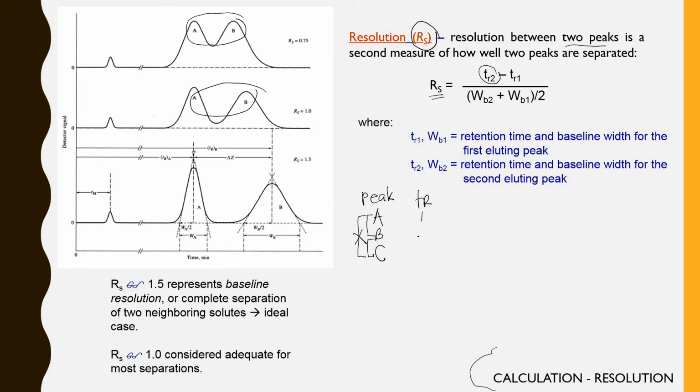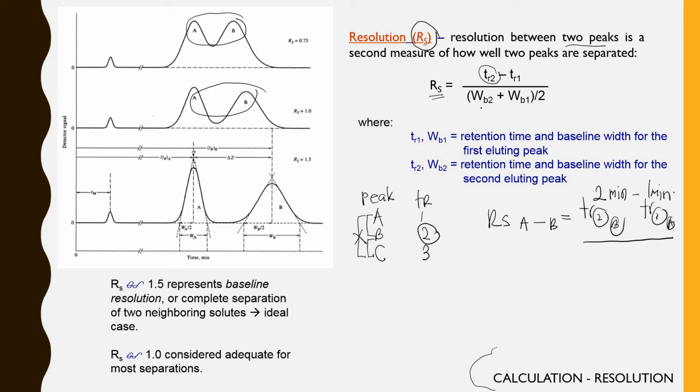So for example, you have the retention times here: peak A is 1, peak B is 2, peak C is 3. When you relate this, for example you want to look at RS between peak A and peak B, TR2 refers to the 2 here, which is the higher number, minus TR1, where 1 refers to A. I hope that you are clear with this one.